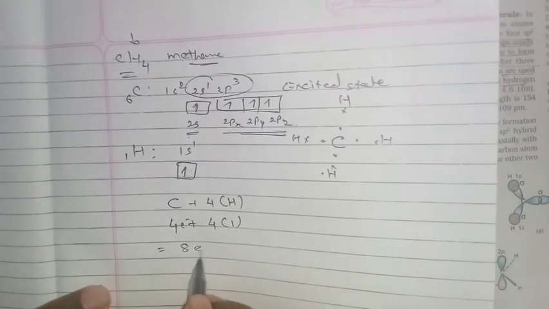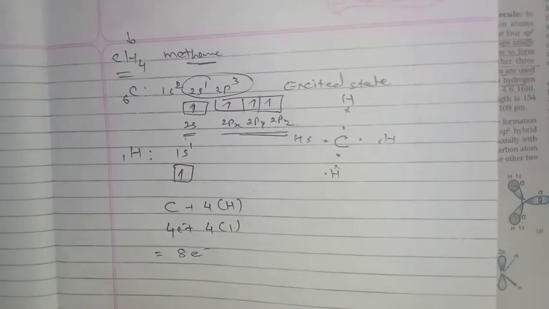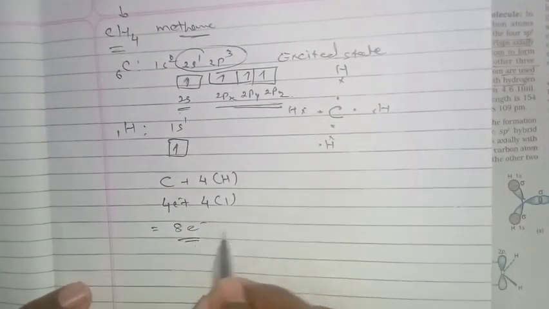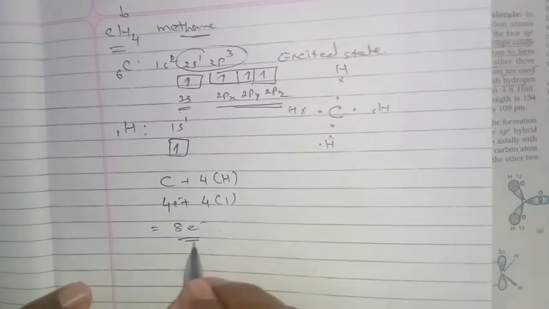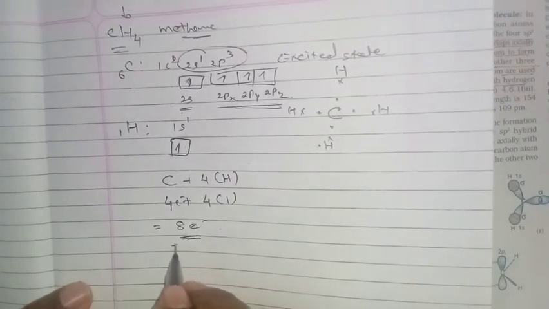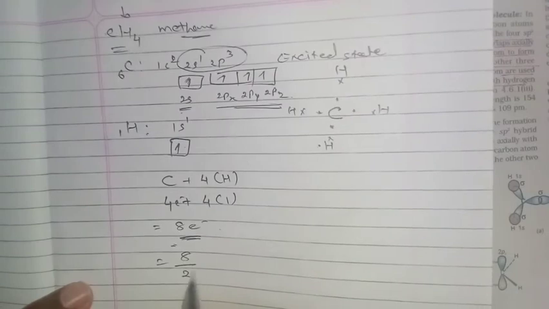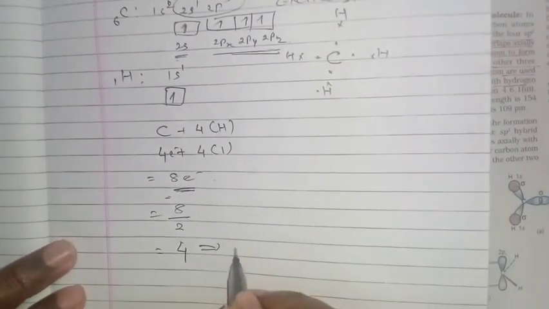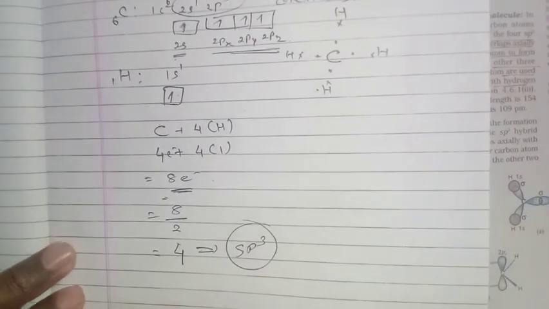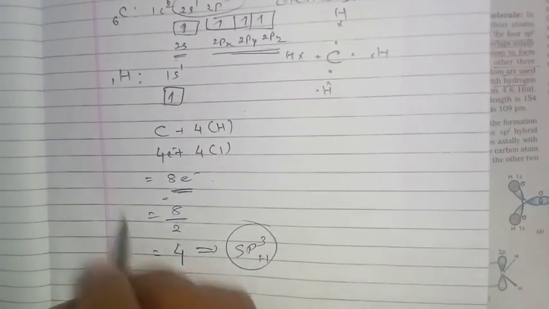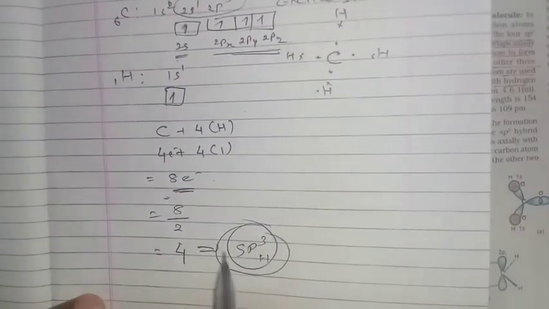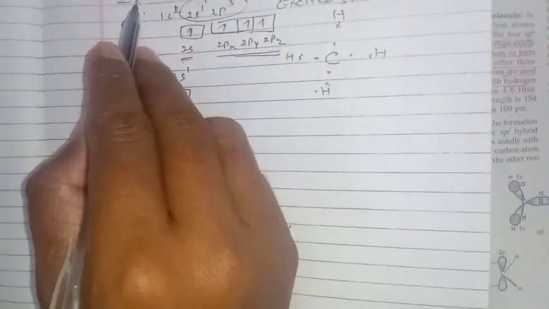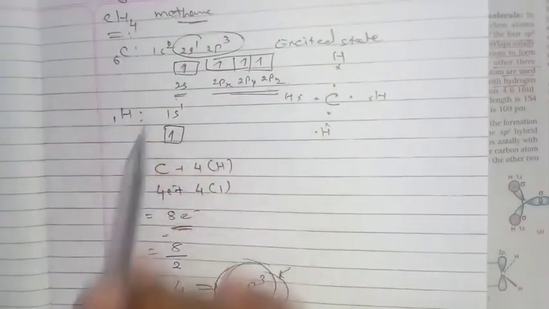That means the total is 8 electrons, and whenever it is 8 or less than 8 electrons, we need to divide it by 2. That means the total is 4. It means sp3 hybridization. This is the short method to identify which type of hybridization takes place in a particular molecule or ion.